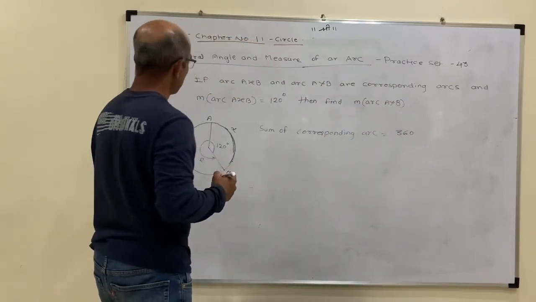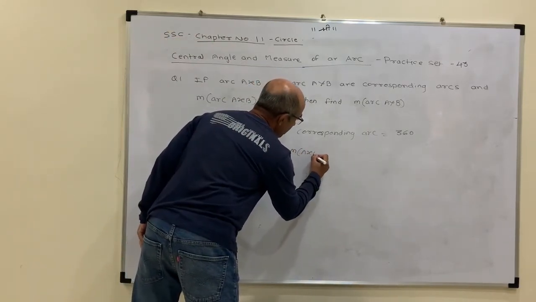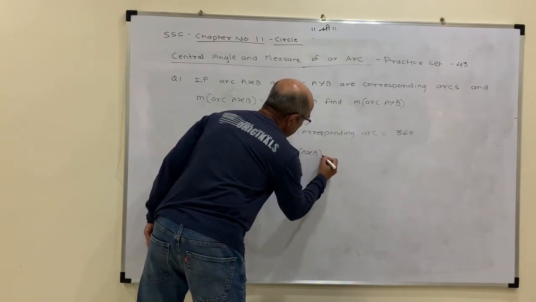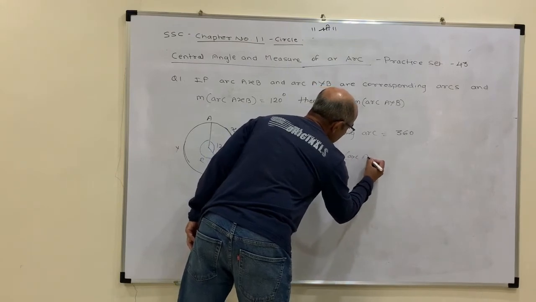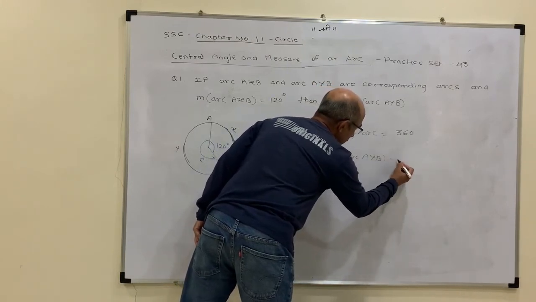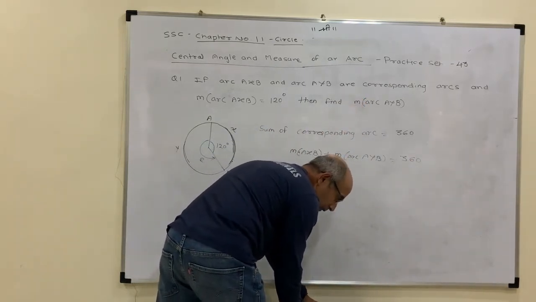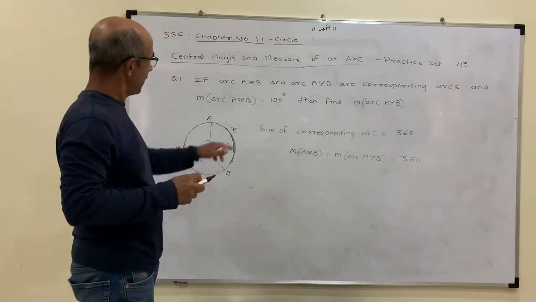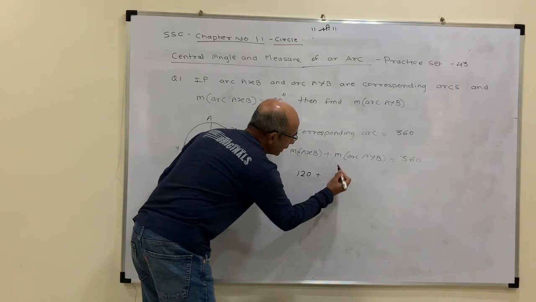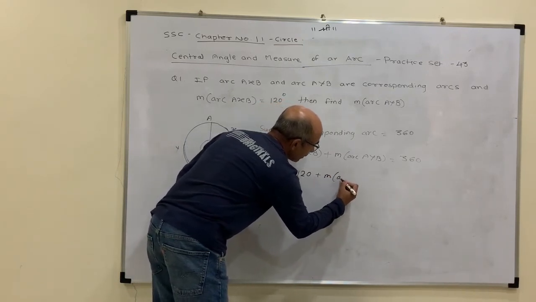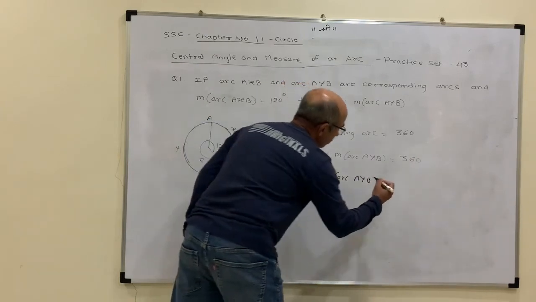So measure of arc AXB plus measure of arc AYB equals 360. AXB is given as 120, and I need to find AYB.